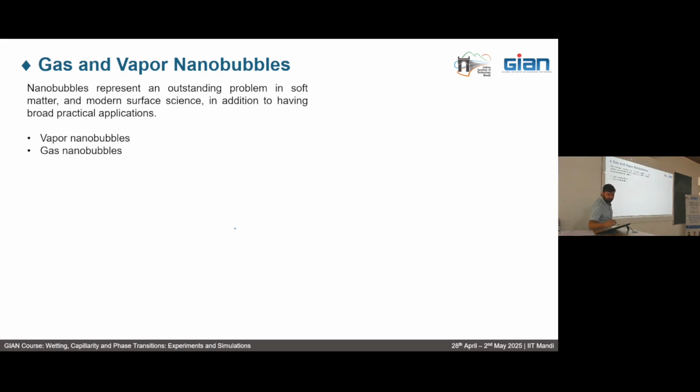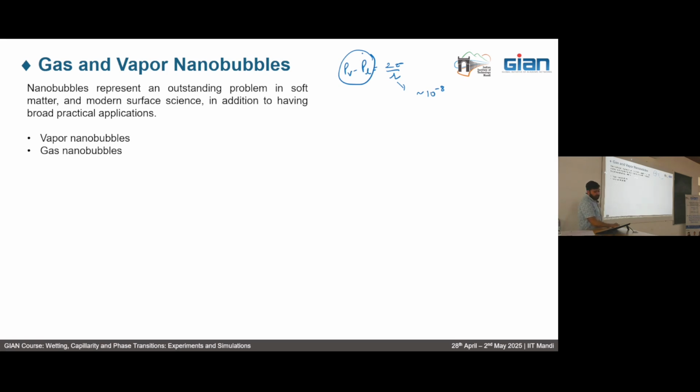If you simply calculate the Laplace pressure, and you see this R is on the order of, let's say, 10 to the power minus 8, this pressure comes out to be in megapascals. Such high pressure, still these bubbles exist. So that is a very important question, and many researchers are trying to work on this question.